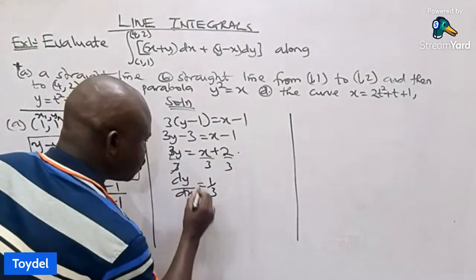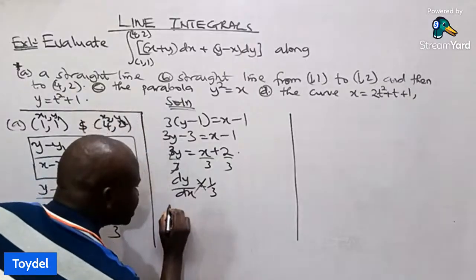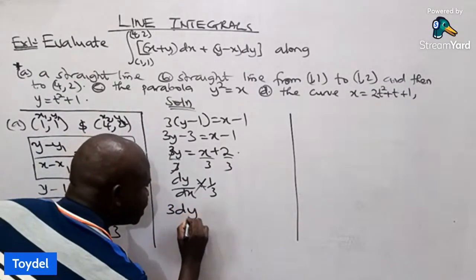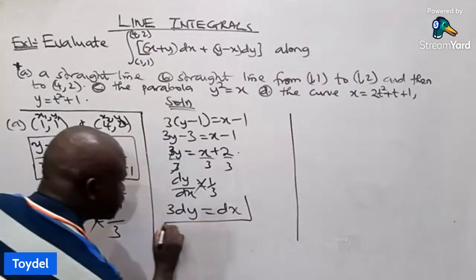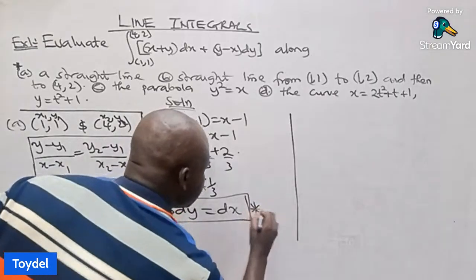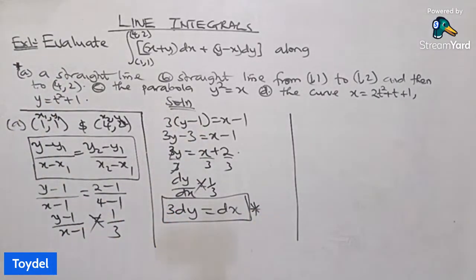The differential of a constant is 0. If you cross multiply, you realize that 3 dy is equal to dx. So please let's take note, because we are going to use this when we want to substitute back into what we are given.